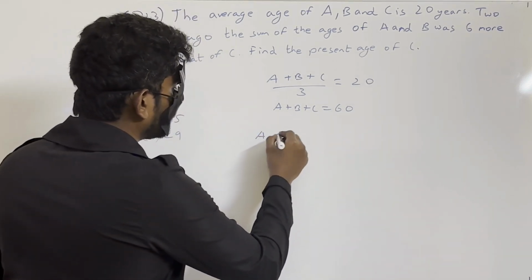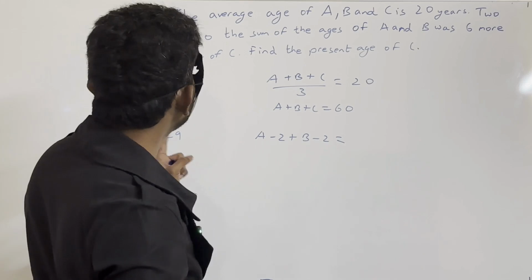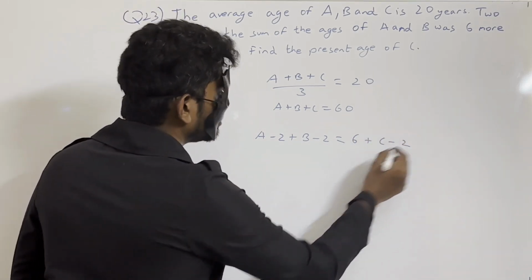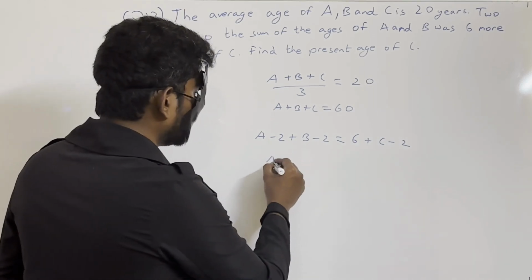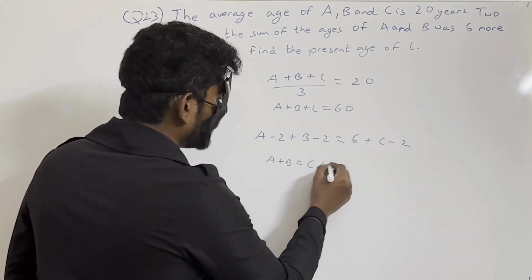2 years ago, the sum of the ages of A and B: A's age will be A minus 2, B's age will be B minus 2, which will be equal to 6 more than that of C. So 6 more than C's age 2 years ago will be C minus 2. So here we will get that A plus B is equal to C plus 8.